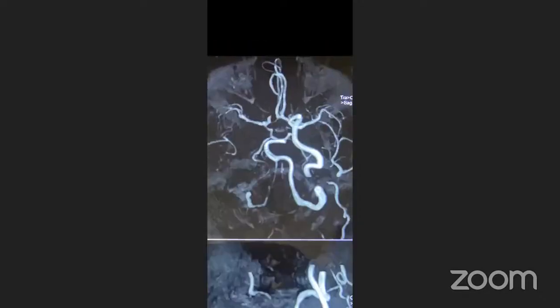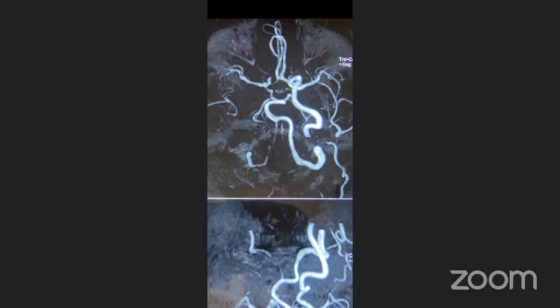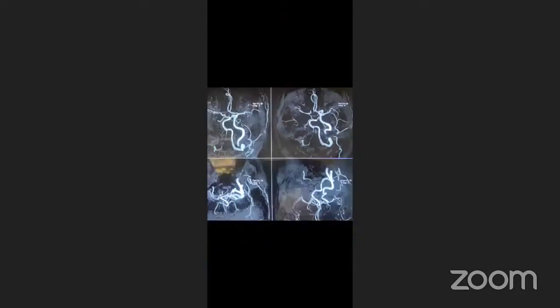A1 is not that clear, so it's probably filling from the posterior circulation. We can see the big left vertebral artery and a hypoplastic right vertebral artery.